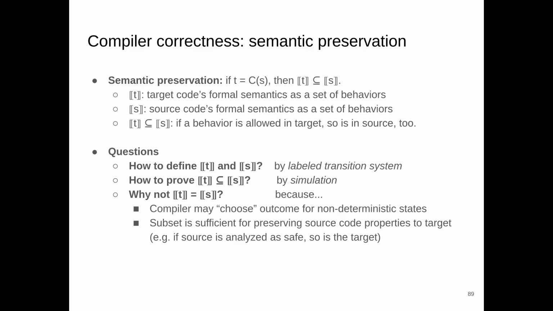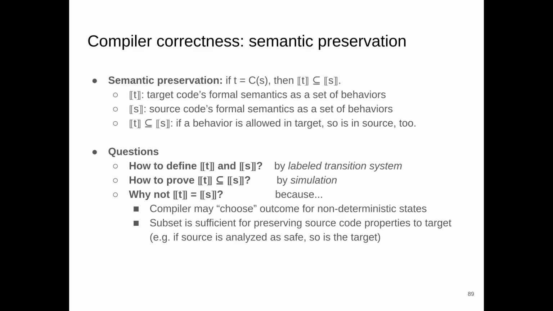Now we have a few questions. Okay, this is a high-level theory, but we need to have a few concrete contexts for this statement. The first thing to discuss is how to define the set of behaviors for target and source programs. Let's say that T is an assembly program and S is a C program.